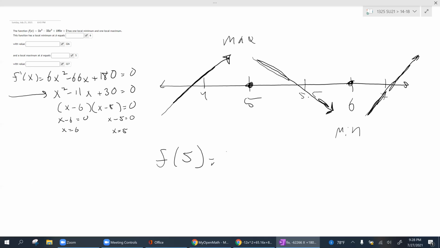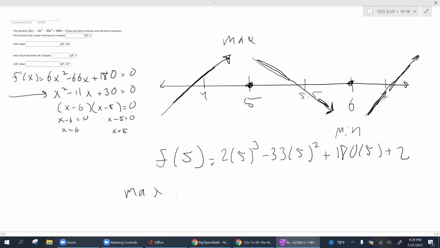This gives me 2 times 5 cubed minus 33 times 5 squared plus 180 times 5 plus 2, which is 2 times 125 minus 33 times 25 plus 180 times 5 plus 2. I got 327. So the max at x equals 5 is 327.